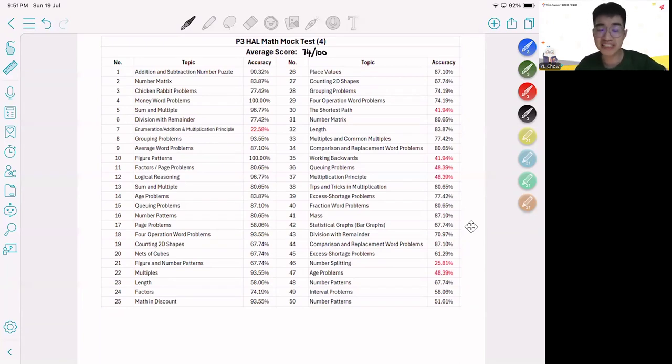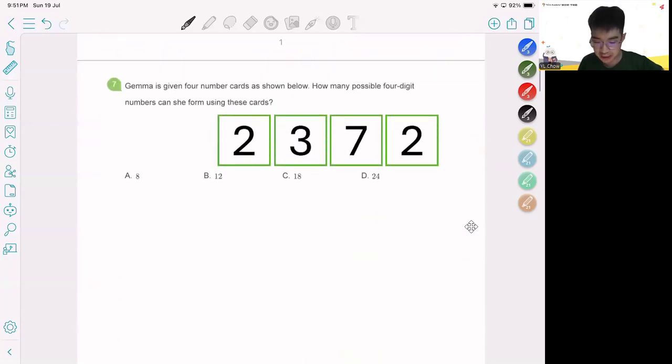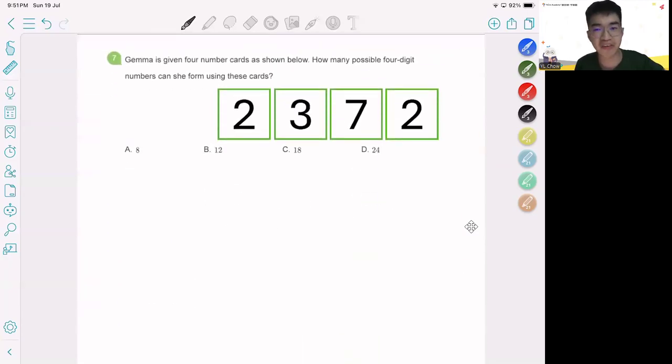Okay, so with that, let's take a look at the first question, which is an enumeration or addition and multiplication principle question. Gemma is given four number cards as shown below. By the word number cards, it suggests that I only have these four cards available. I cannot repeat them.